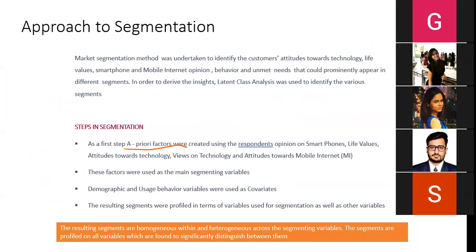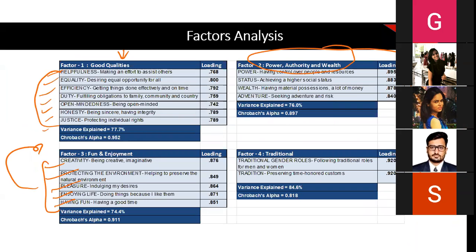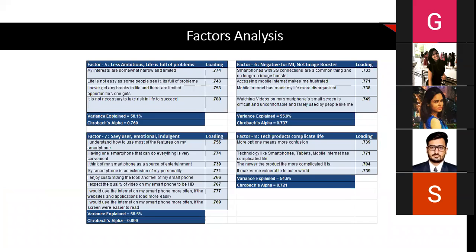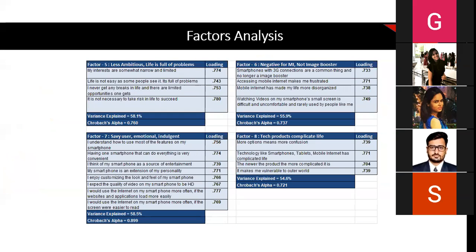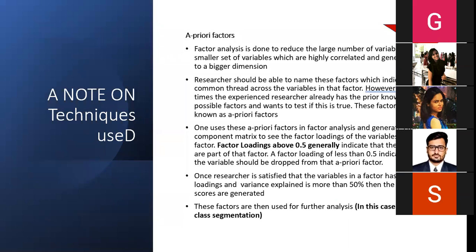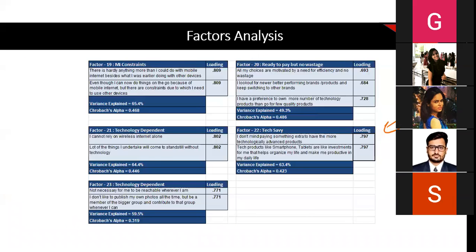But the problem was that we ended up with say 100 statements. So we ran factor analysis and reduced these 100 statements to 22 factors, like tech savvy, technology dependent, and so on. There's something called a priori factors. This was done using a priori factors, and I'll cover this also. What are a priori factors?